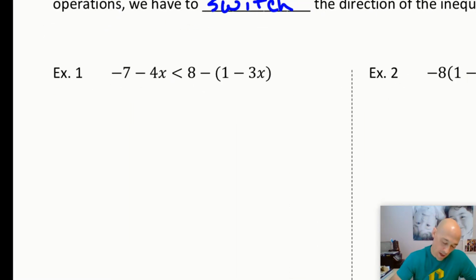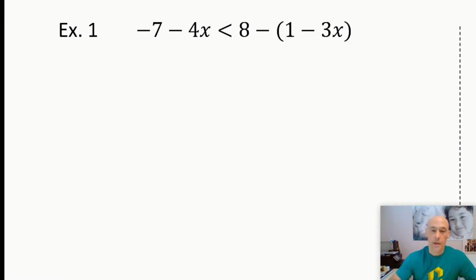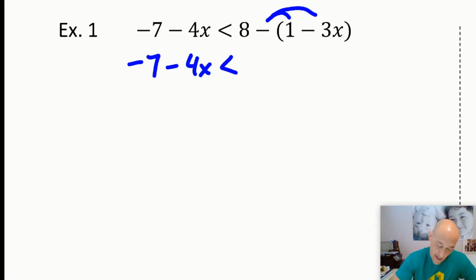All right, so I have a couple examples here that I'm going to go through, and when I go through these, I'm going to show how to not need to flip as well. My first step here is going to be to distribute. So I have negative 7 minus 4x is less than 8, and because this is really a negative 1 that I'm distributing, 8 minus 1, and then negative 1 times negative 3x is positive 3x.